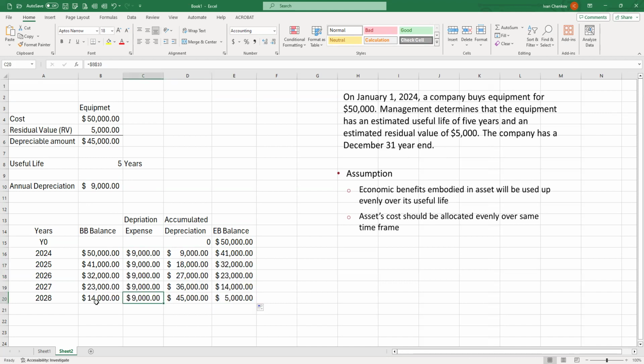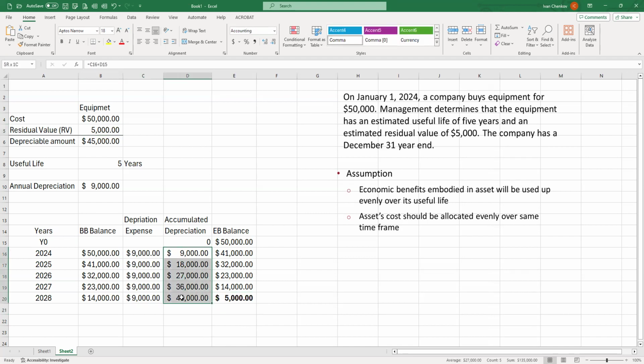Once we do the schedule, what we're going to see is that every year our beginning and ending balance is going to go down by $9,000 until we reach year 5. And at year 5, our ending balance is going to be equal to our residual value.